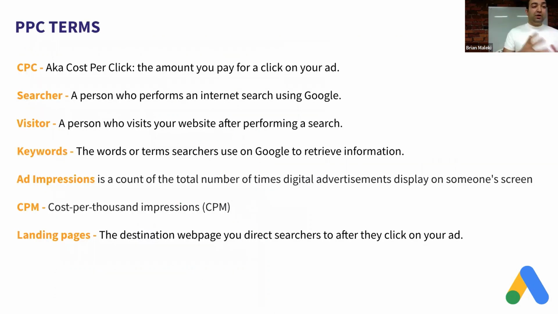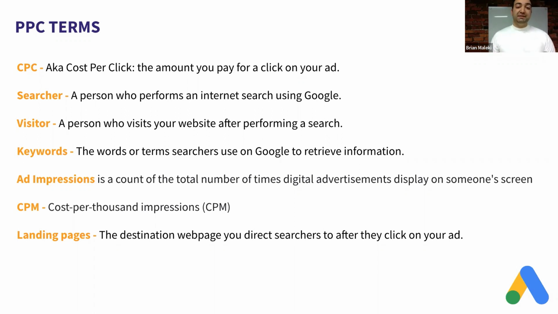And also there are some PPC terms that we need to know because I'm going to use them a lot during this session. I want you to be clear about that. When we say CPC, it's a metric that tells the amount you pay for a click on your ad, because every company has a specific budget, let's say $20 for each day.